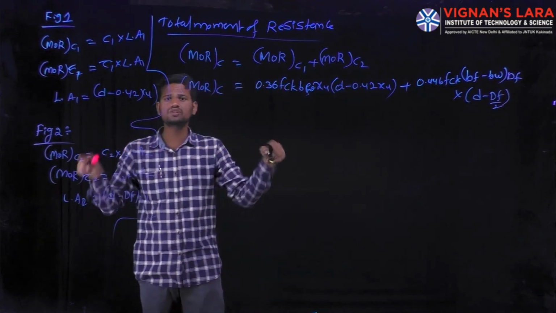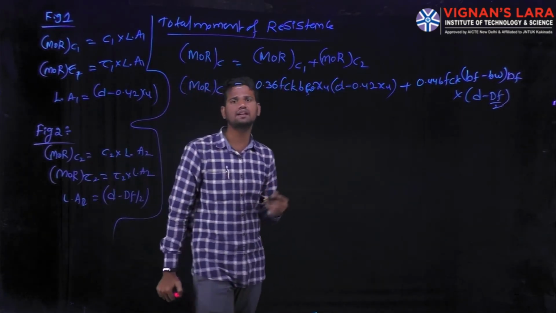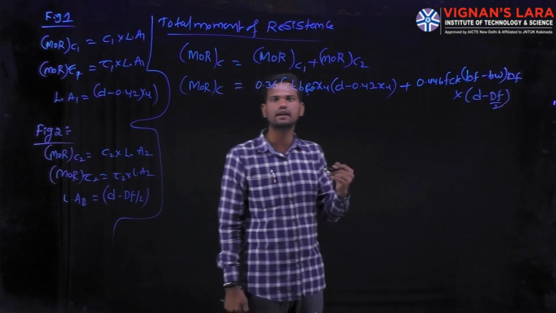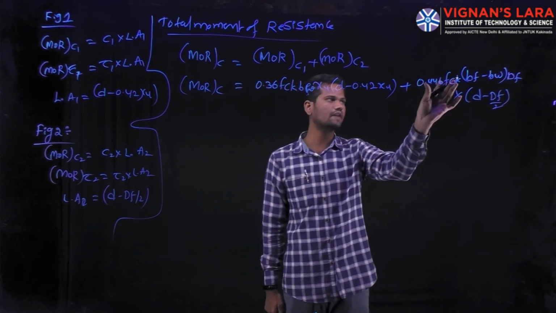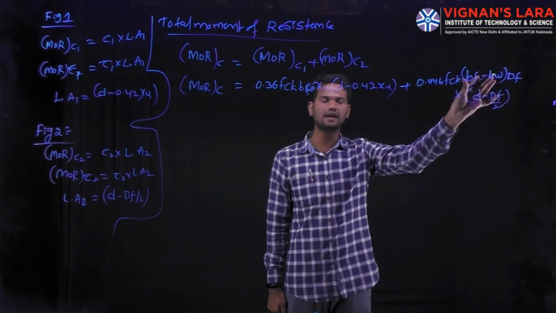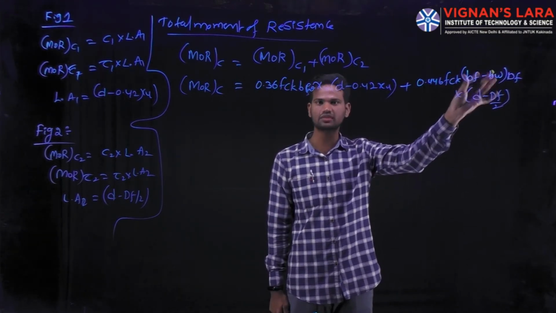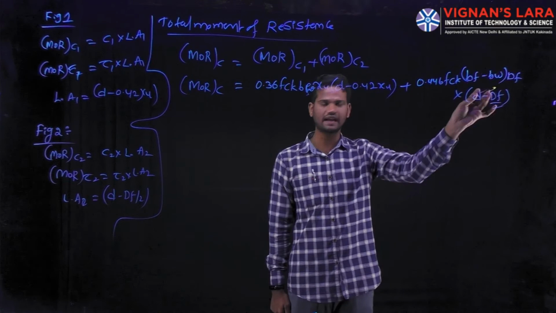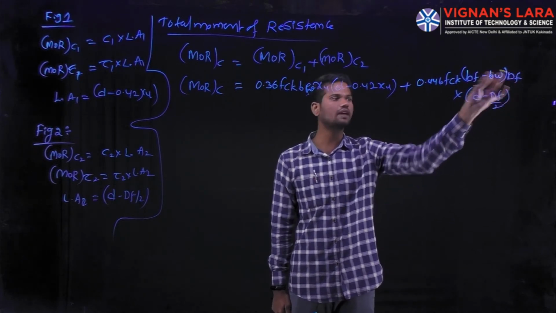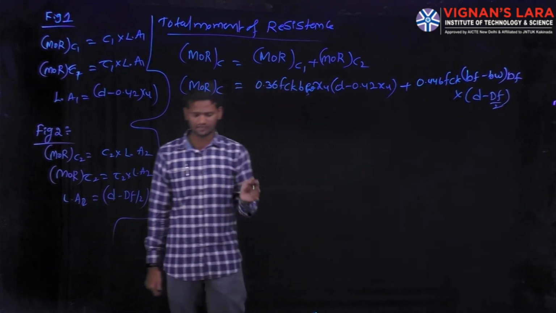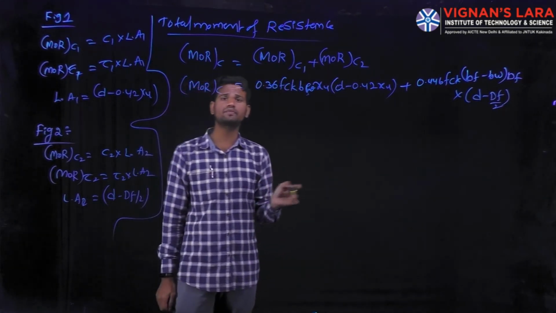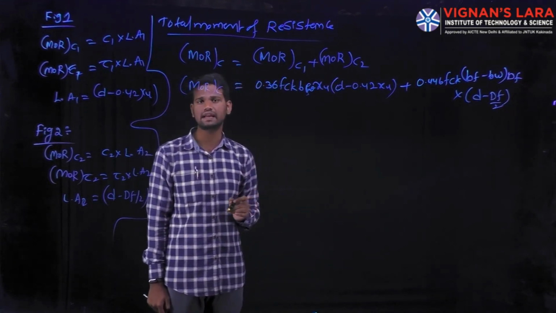In the flange portion, the compressive force acting on the concrete is the stress of concrete into the area of that flange portion: 0.446 into FCK, BF minus BW is the width of the flange, BW we are neglecting, and DF is the depth of the flange, into D minus DF by 2. This is the value of the lever arm for the second diagram.